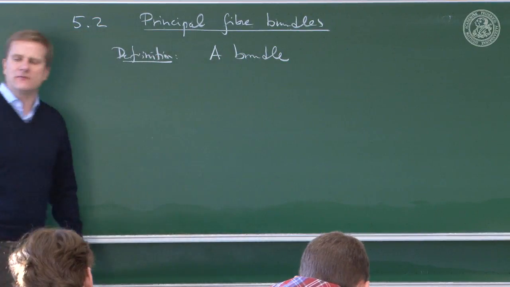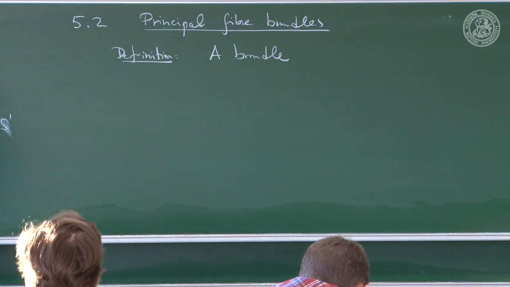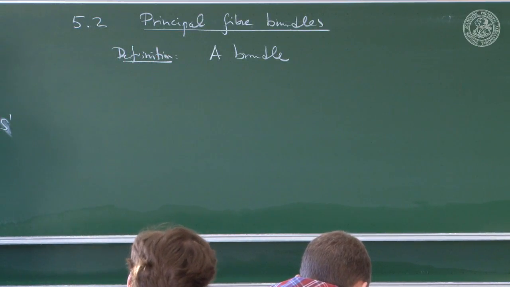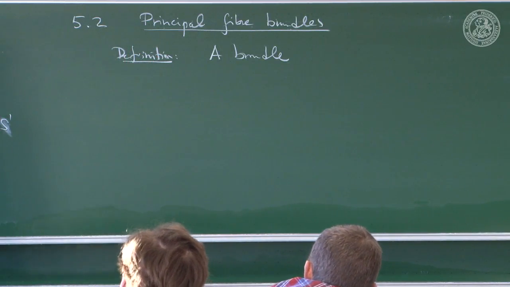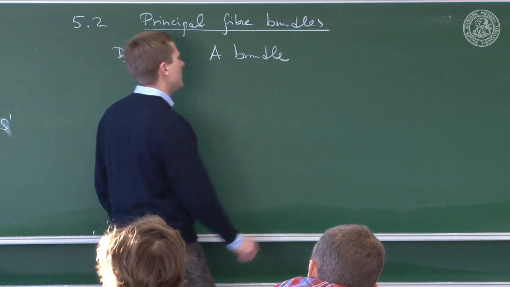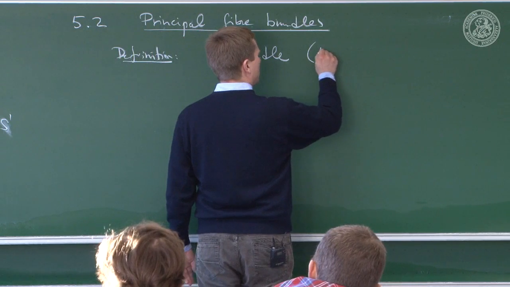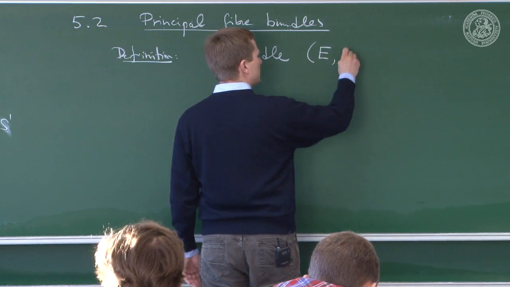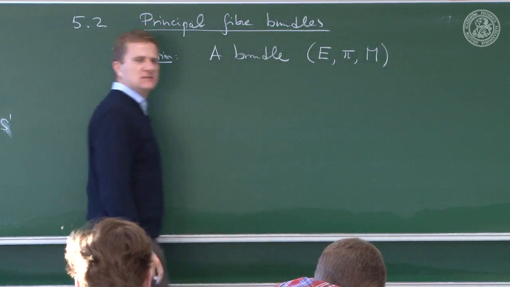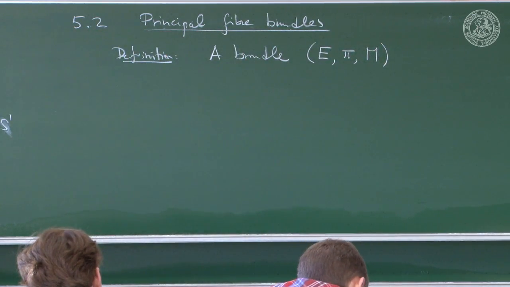A smooth bundle. Whenever we're talking about bundles now, we assume everything is smooth. The spaces are smooth, projection maps are smooth, all the maps are smooth. So should I forget to mention smooth at some point, you may insert it. So a bundle, what was that? A bundle consisted of a total space, a projection map, and a base space, if you remember.